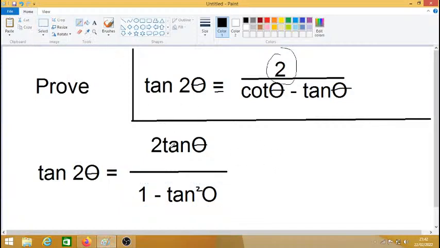So let's grab a pencil. I'm going to divide this by tan theta. Might be a bit hard for you to see that, so I'm just going to do it in a little bolder line. So divide everything on the top by tan theta and divide everything on the bottom by tan theta.